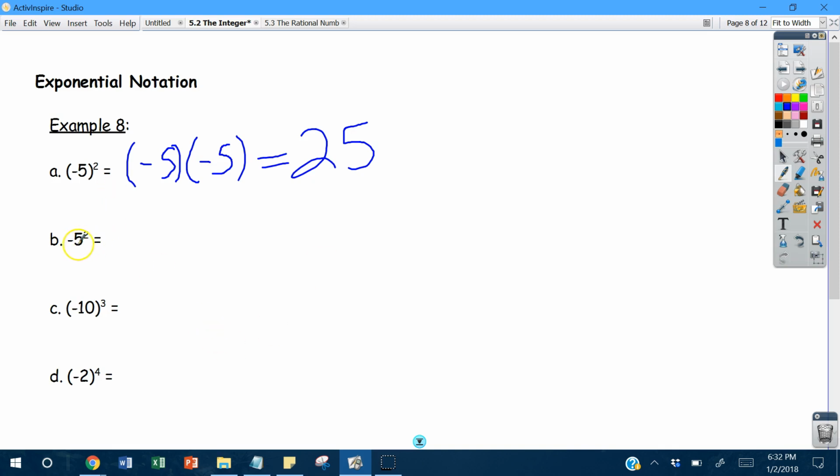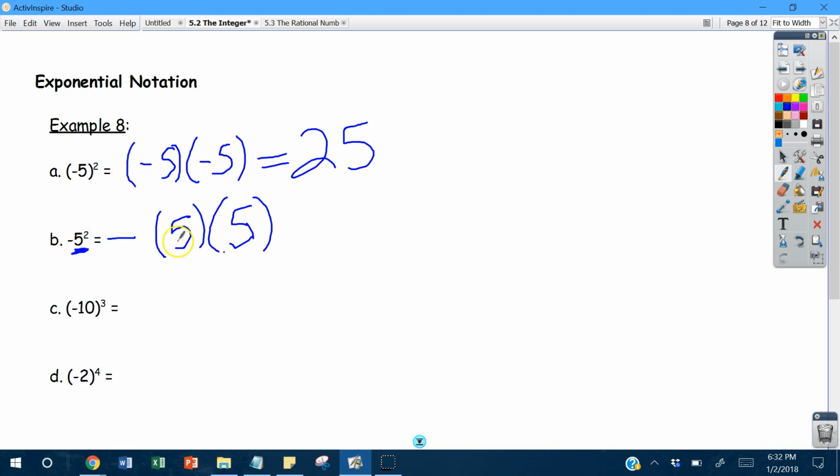Okay, this one we have to interpret a little bit differently because we have a negative and then a 5 squared. We actually want to think of this 5 squared as a number in itself that's about to become negative. So we have to interpret this as negative and then 5 squared, or 5 times itself. So 5 times 5. Notice it's a little bit different than the one before it because we're not putting negatives in here.